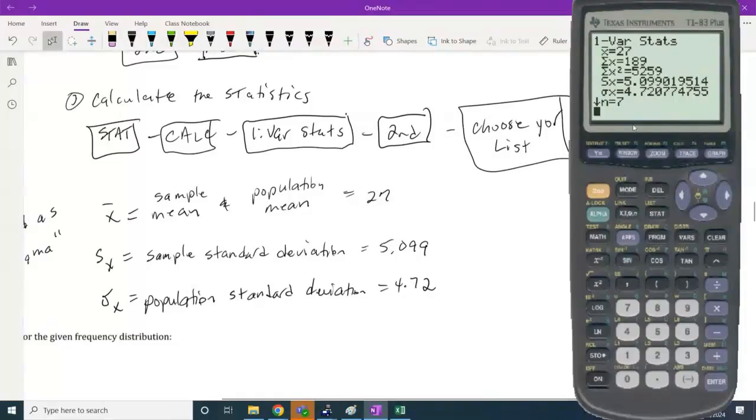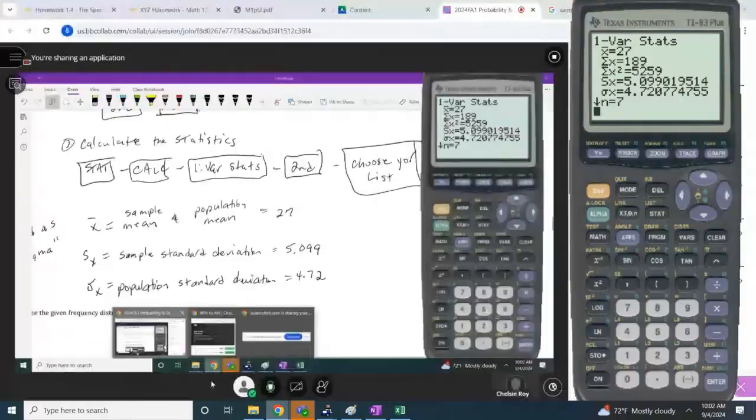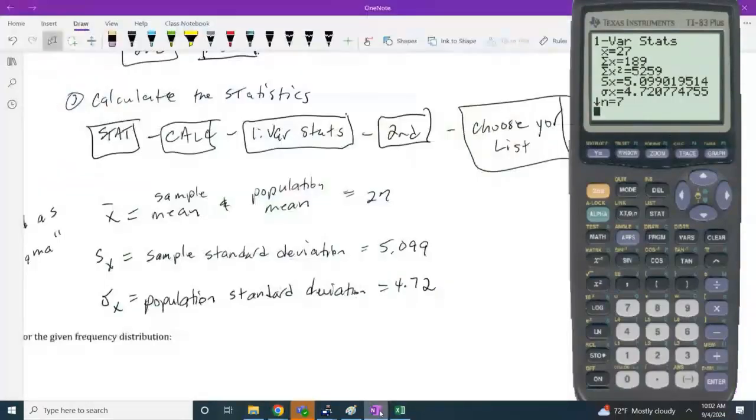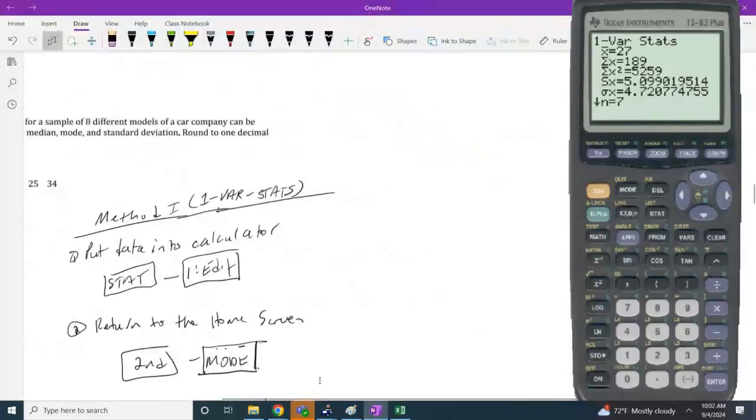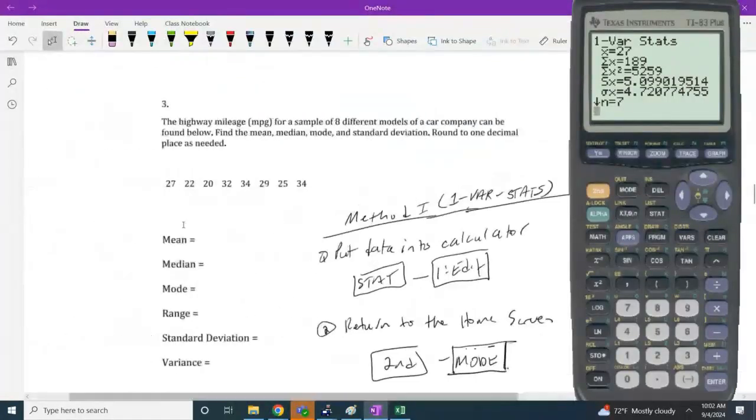All right, so now N is equal to 7. One, 2, 3, 4, 5, 6, 7. Did I miss a number?